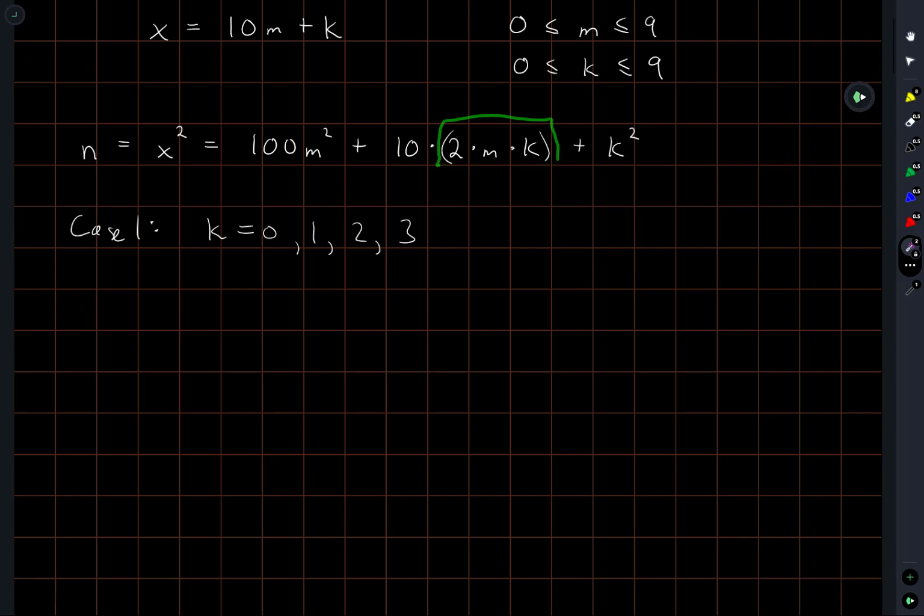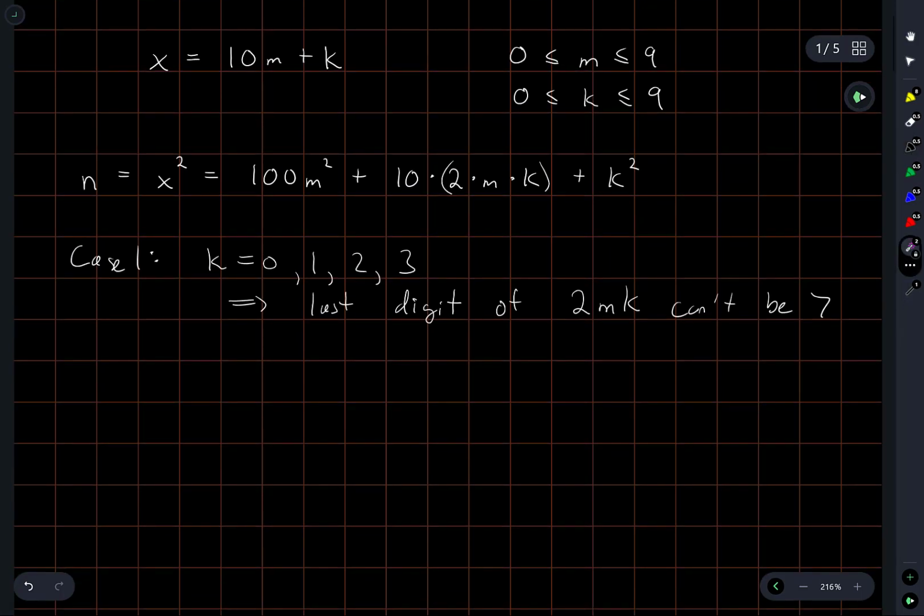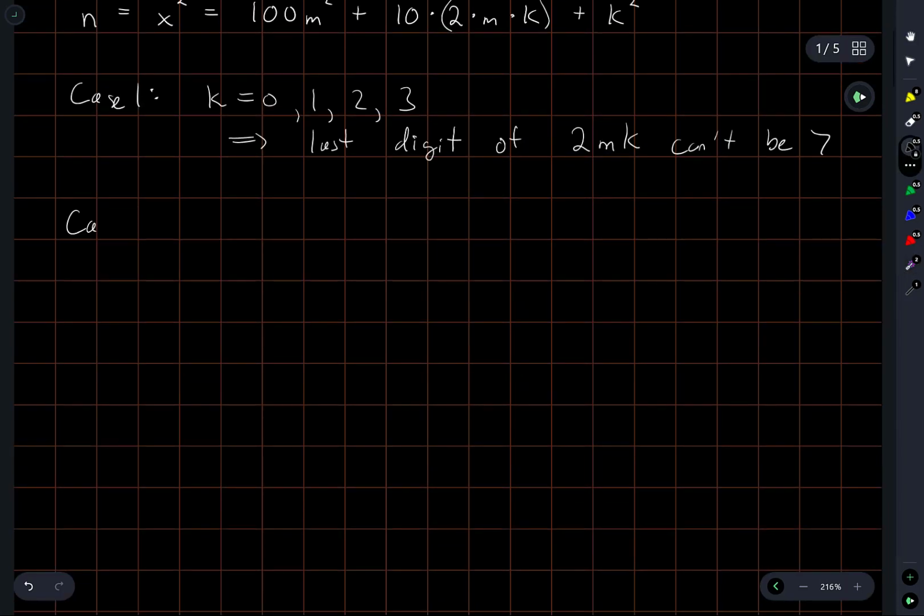But what we're really concerned with here is the last digit of this number, okay? So the last digit of 2mk can't be 7. All right, so if k is 0, 1, 2, or 3, then the square number I'm looking at can't possibly have a second last digit of 7. Let's move on to the next case.